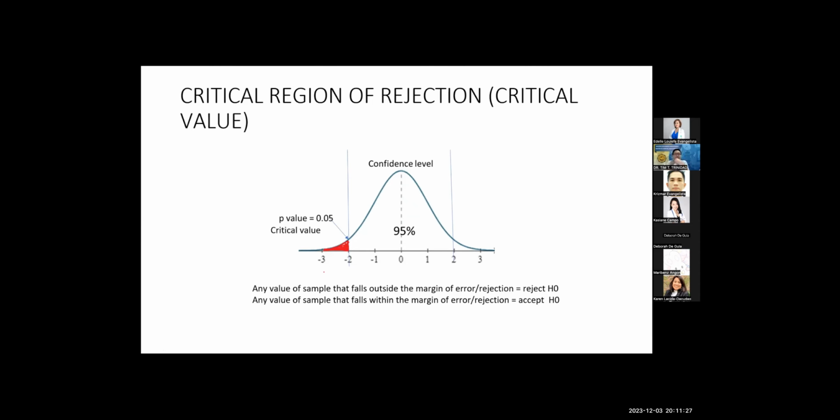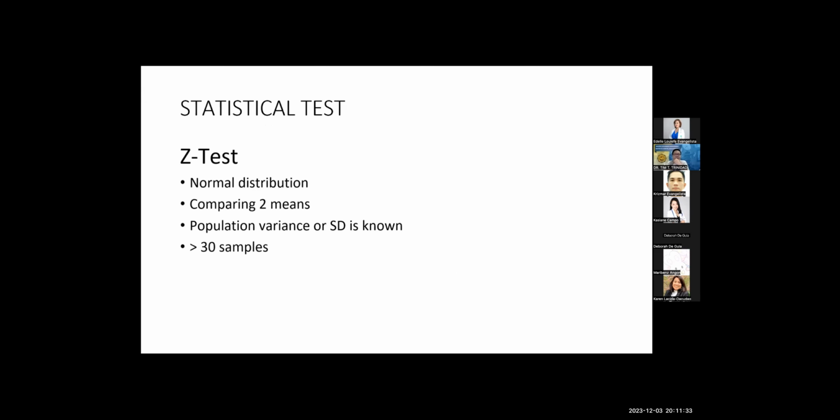So for the next step, with the given data, we have met the criteria for the z-test. It is under normal distribution. We are comparing two means. Population variance or standard deviation is known, and there are more than 30 samples.